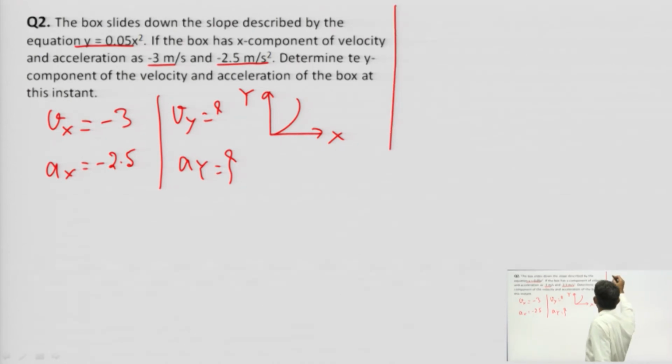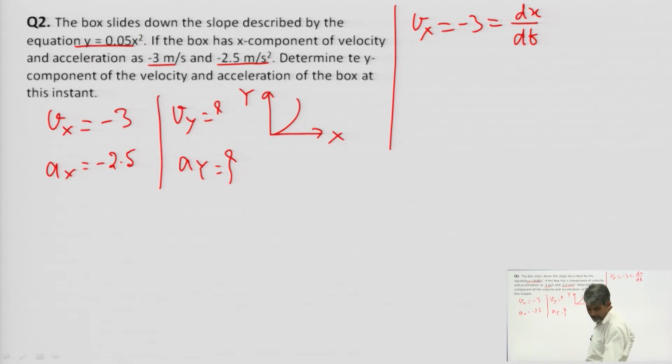Look here, Vx, it is minus 3 and that is dx by dt. And Vy is dy by dt. So y is this one.